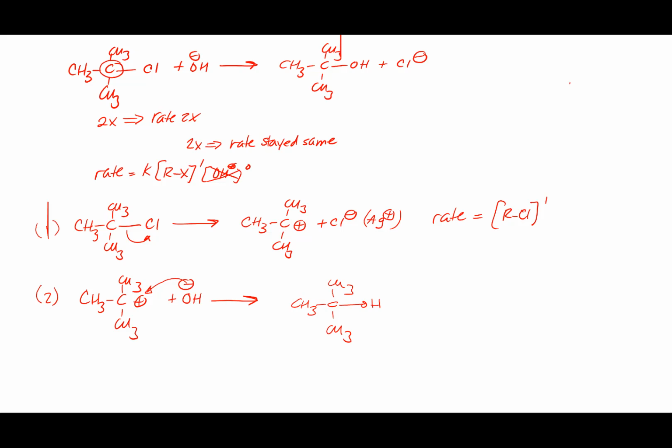The C+ species came from the alkyl halide. This second step would be bimolecular. It's got 2 molecules. So that's what we're really looking at.